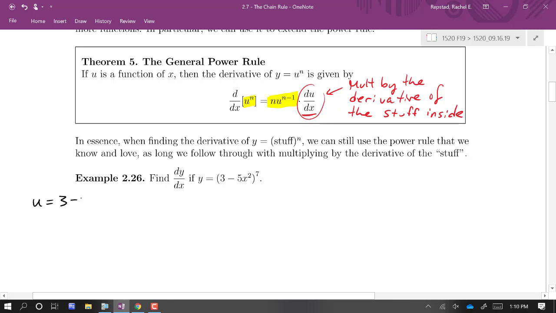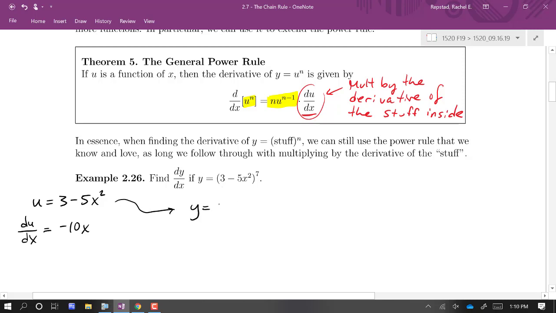Yeah, it's the stuff that's being raised to the power. And I'm going to find du dx. What is that? Negative 10x.